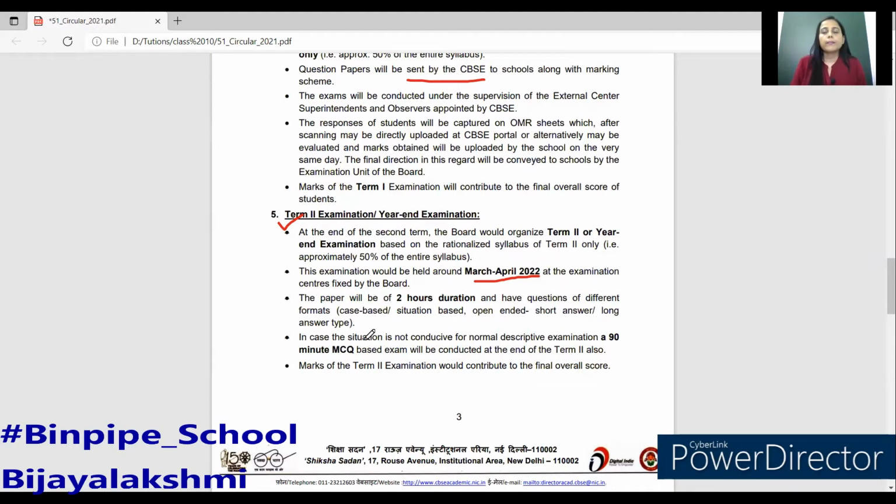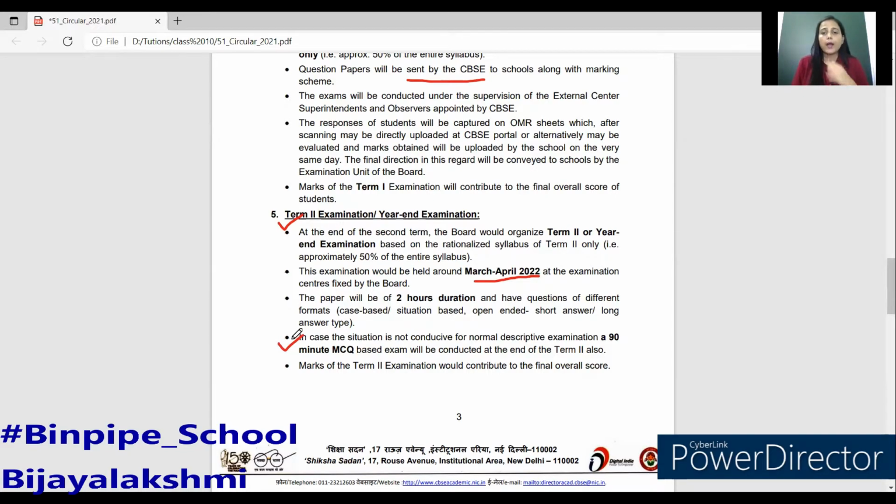But here, this one is important to note. In case the situation is not conducive, that means if the situation worsens due to the pandemic, and taking an examination is not possible, then if the term 1 examination had already been held, then those marks will be taken into account.